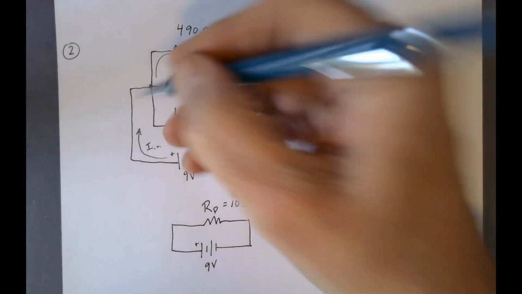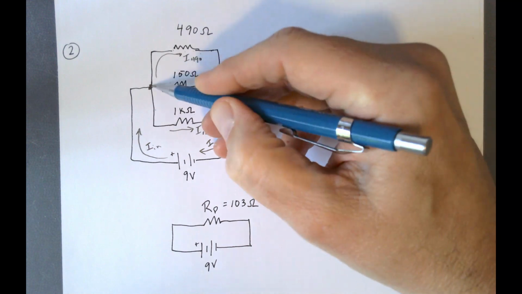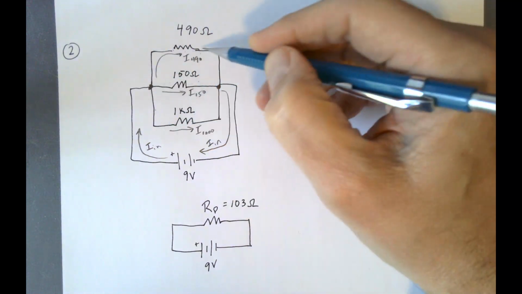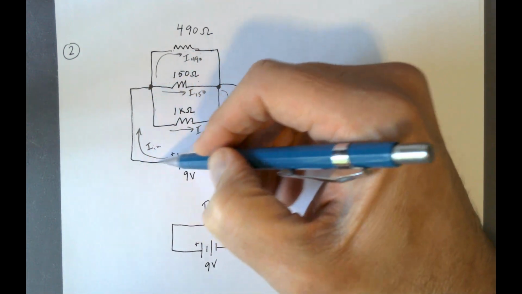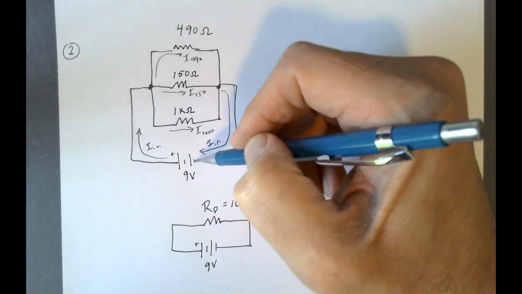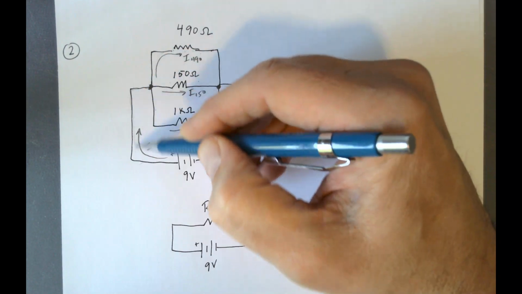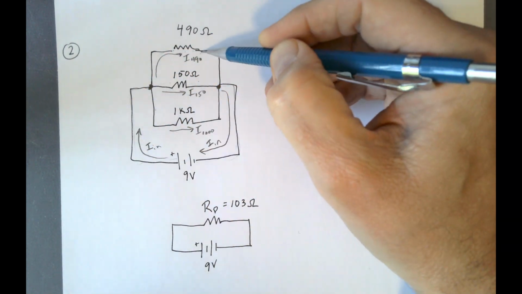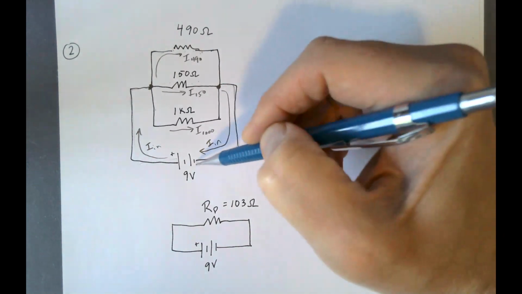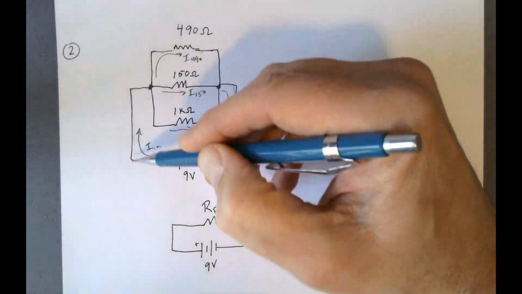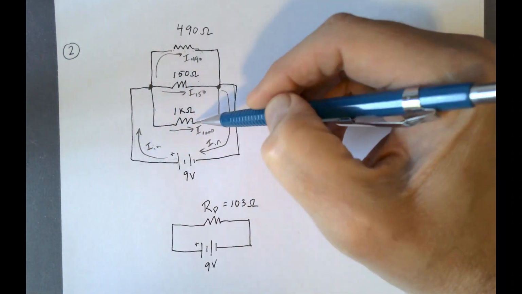So where's my parallel circuit? It starts here and it ends here. The voltage drop across each of my resistors is going to be the same as the voltage drop across my battery in this case, because I can go from here straight to the battery, and I can go from here, the other side of my 490 ohm resistor, straight to the battery. I can do the same for 150, and also for the 1000.